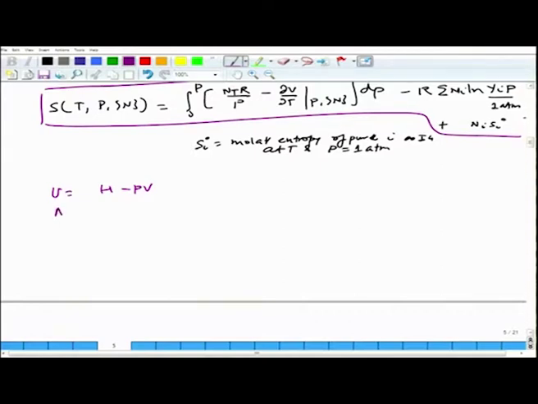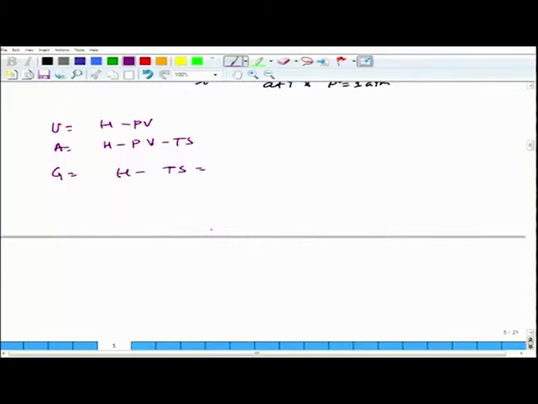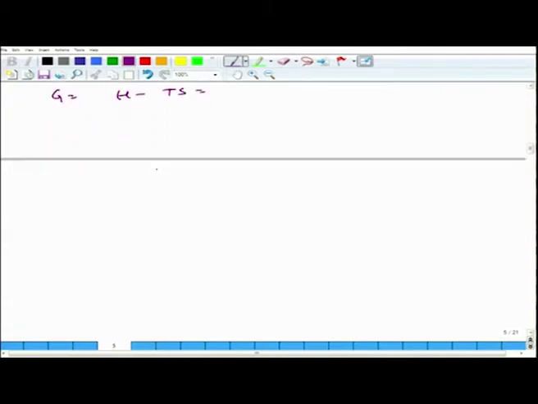Similarly, we can get A, which is H minus PV minus Ts, and then you have G, which is H minus Ts. Now, I can write this more explicitly because I will be using this G expression in calculating chemical potential. So, let me write down what G would be.